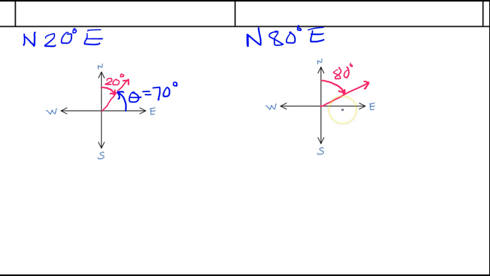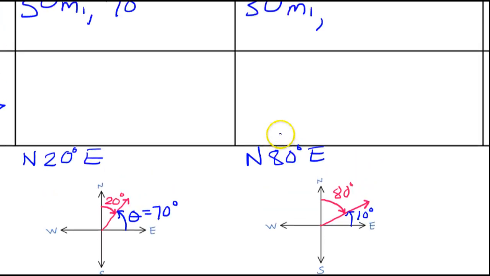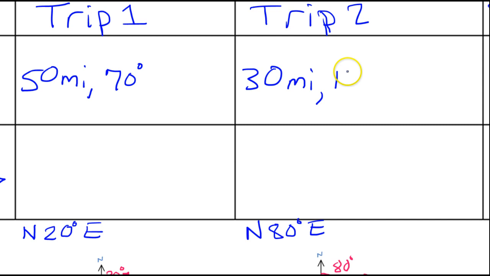Well, if that's 80 degrees, then this angle measured from the positive x-axis must be 10 degrees. And it's the 10 degrees that I need for my calculations on the chart. So that's what I'm going to put right here, 10 degrees. So we have the magnitude and direction for each leg of the journey.